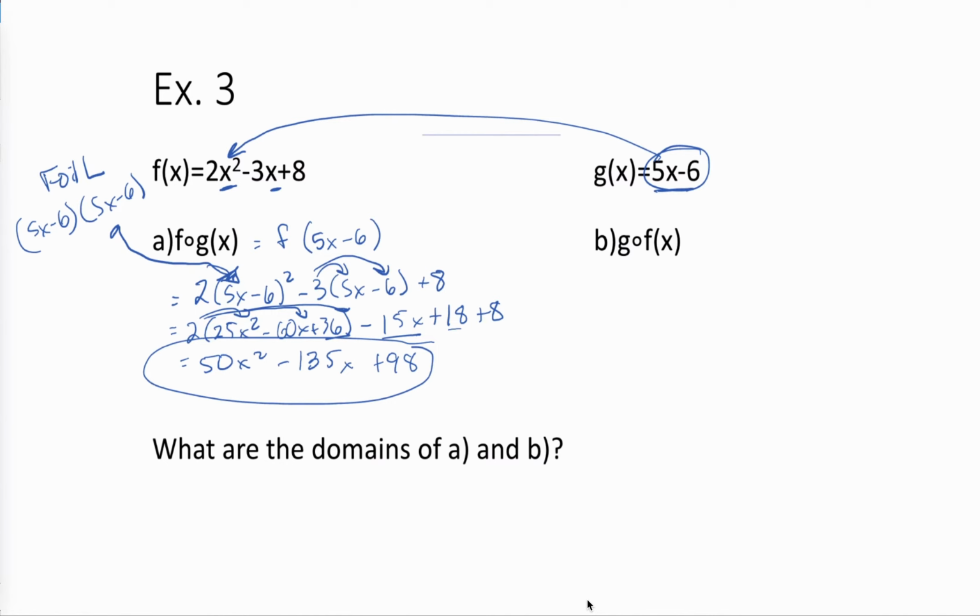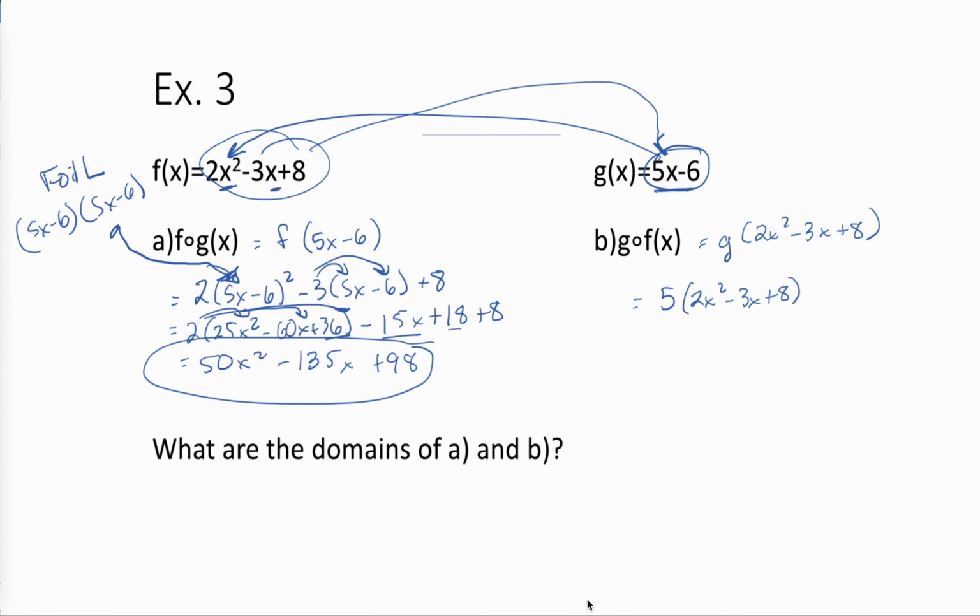G of x, 5x minus 6. So for g of f of x, we're going to take f of x and plug it in for x. So this is g of 2x squared minus 3x plus 8, which means that the x in 5x minus 6 becomes a 2x squared minus 3x plus 8.